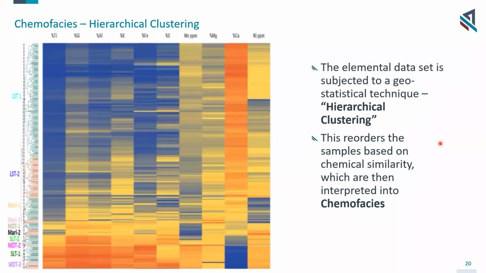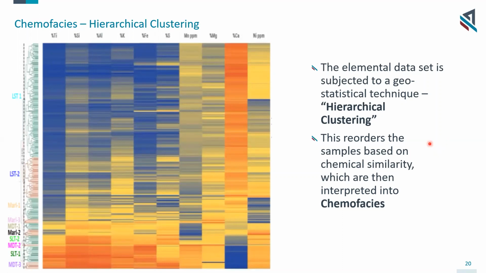Harry is now our director of geological studies. Basically, as the slide shows, this is a reordering of the samples based on their chemical similarity, which can then be interpreted into chemofacies.